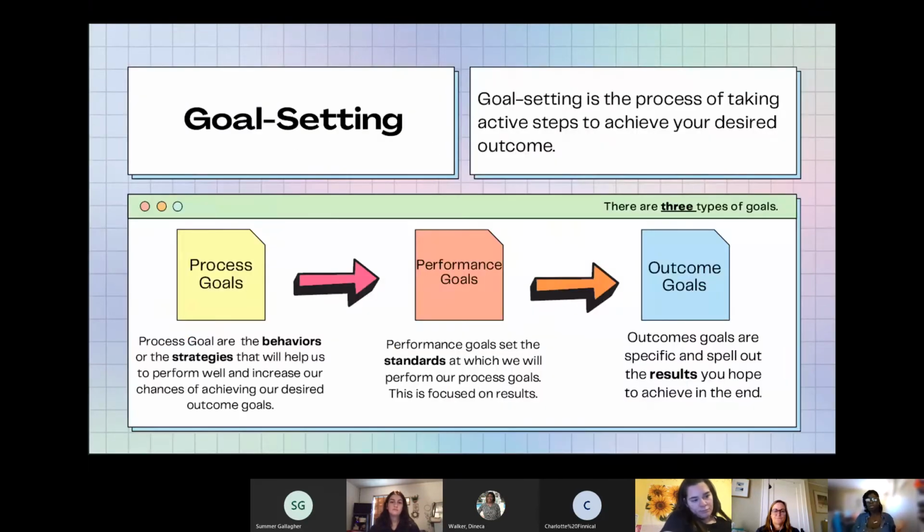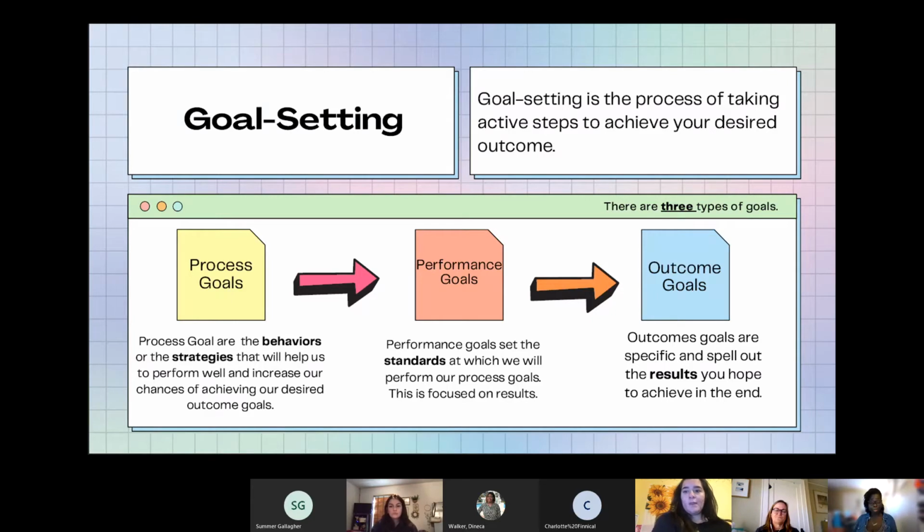So, goal setting is the actual process of taking those active steps to get to that outcome or the goal. In general, you're going to have three types of goals: process goals, performance goals, and then outcome goals. They're almost like steps and ladders. Process goals are the different strategies that we use that will help increase our chances of getting to an outcome.